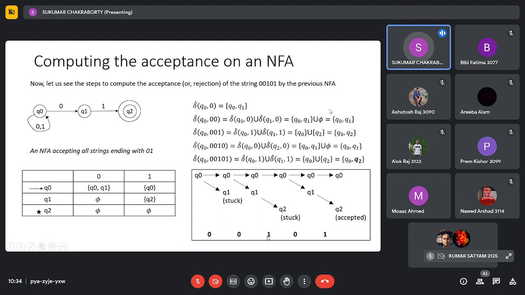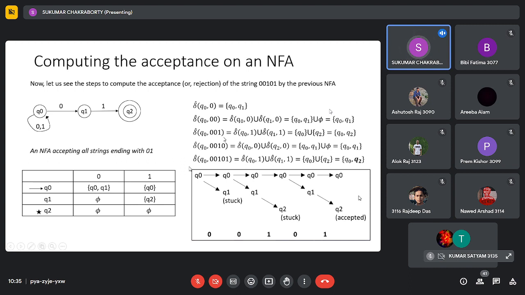After 0, 0, 1, you see it is q0, q2. So 0010 is again q0, q1, and 00101 is q0, q2.